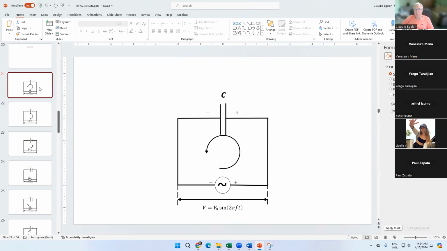The length of the loop illustrates the intensity of the current. A little bit later on, the intensity of the current decreases until the current becomes zero. It is at this very point in time that the current becomes zero and the capacitor reaches its maximum charge. And then the current inverts the direction, and so on.